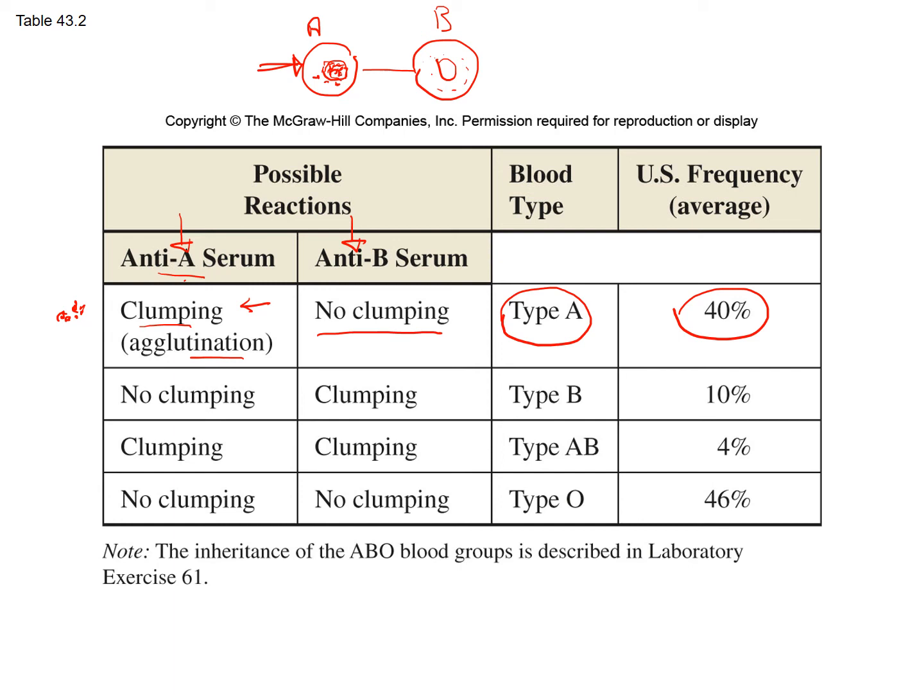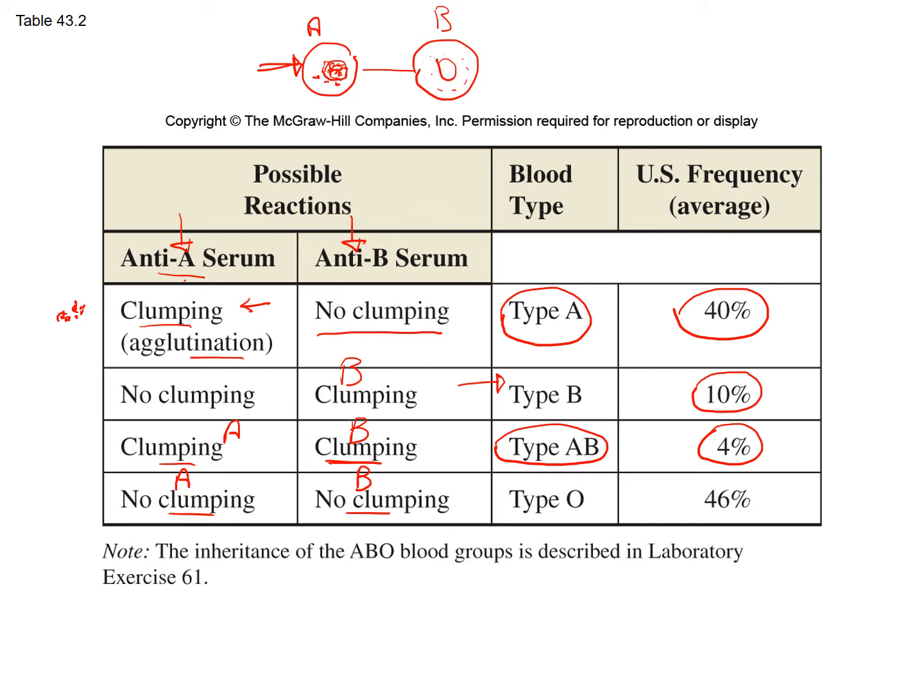Now you add anti-A to this well and no clumping happens, and you add anti-B to this well and the clumping happens, then the blood type is B, and this is almost 10%. You add anti-A to the first well, anti-B to the second one, and clumping happens in both, that means this blood type is AB, and it's almost 4% on average in the United States.